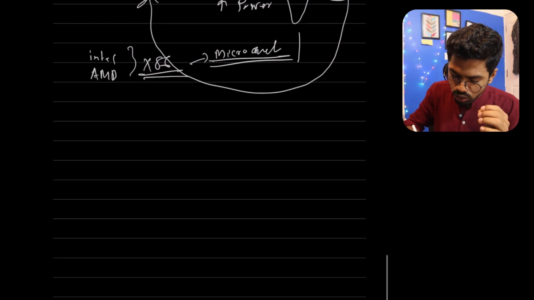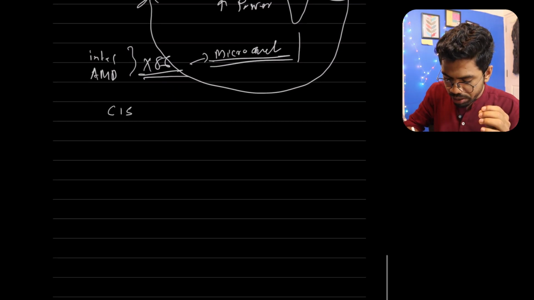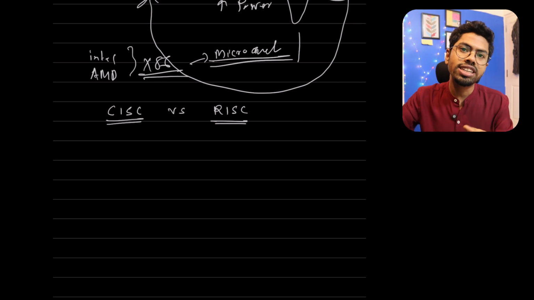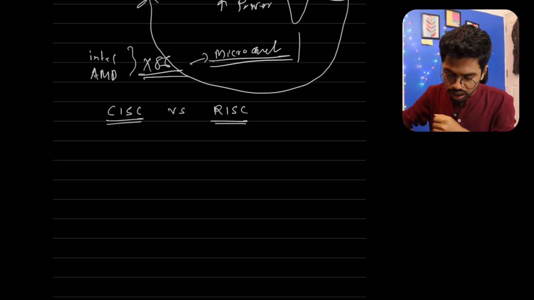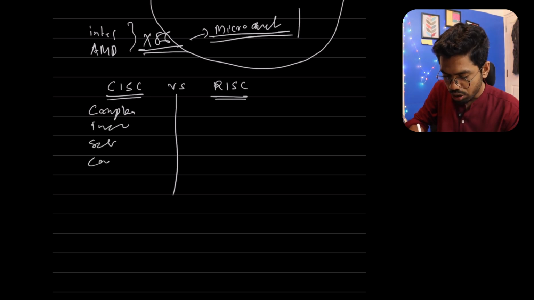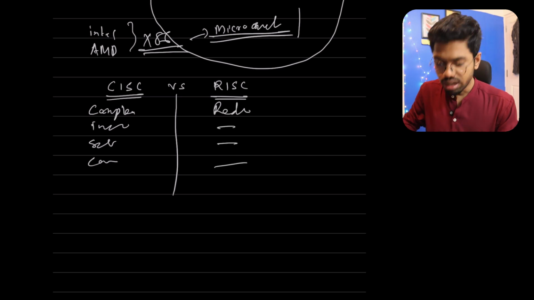And this brings us to one of the very important topics, and that is CISC versus RISC. We divide all types of architecture into two separate domains. One is called CISC, which is complex instruction set computer, and RISC is reduced instruction set computer.